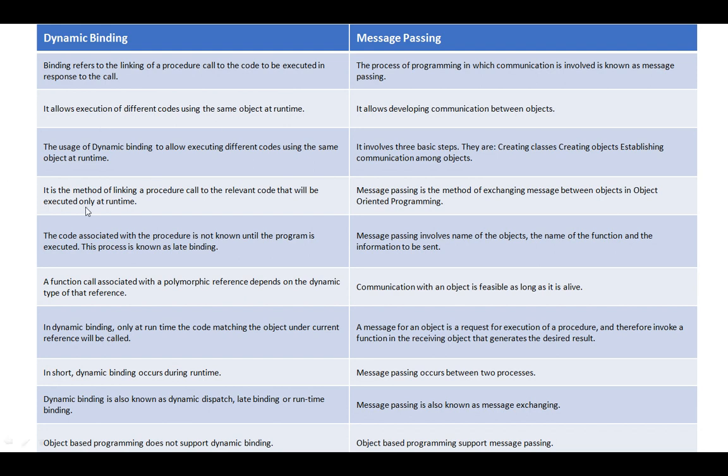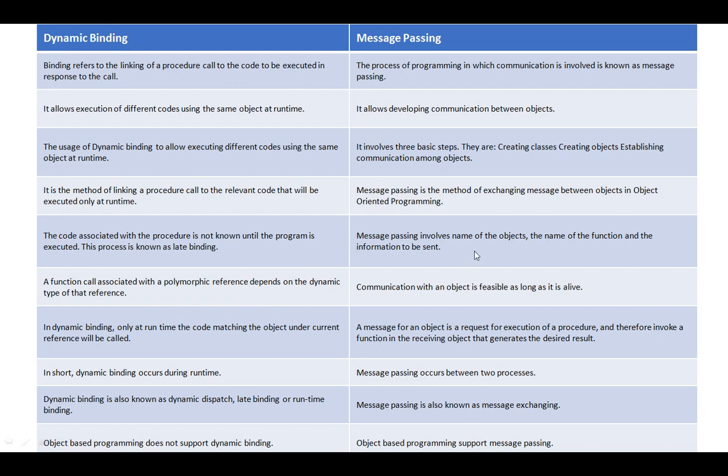Next, dynamic binding is the method of linking a procedure call to the relevant code that will be executed only at runtime. Message passing is the method of exchanging messages between objects in object-oriented programming. In dynamic binding, the code associated with the procedure is not executed until the program is run.